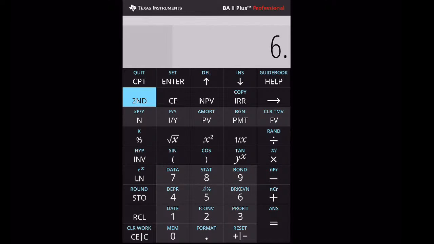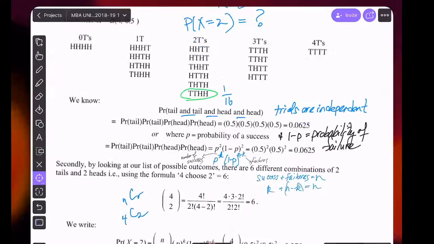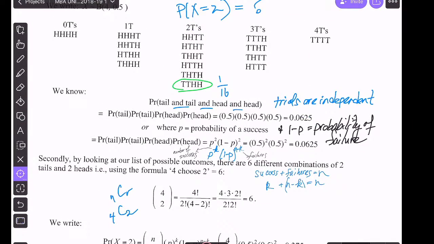So it's very handy. It's essential for the tougher problems, right? Larger numbers. So that's where 6 comes from. Or you could use factorials to do it. So 4 choose 2 is 4 factorial over 2 factorial times (4 minus 2) factorial. If you learned combinations in high school, you would have learned this, but I'm not expecting you to know it.